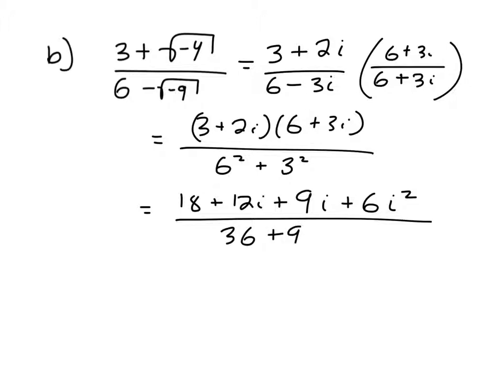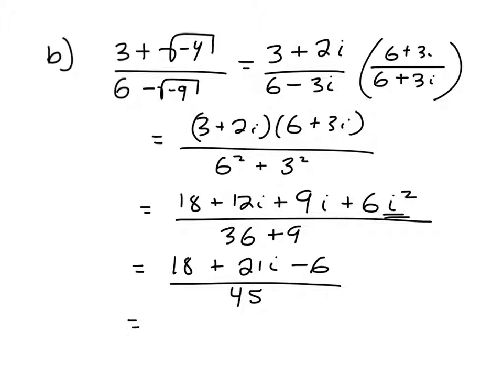So then I need to combine my like terms. So 18 plus 9i plus 12i, which is 21i, and then what's i squared? i squared is -1, so instead of it being plus 6, it's minus 6, because i squared is -1, all over 45.